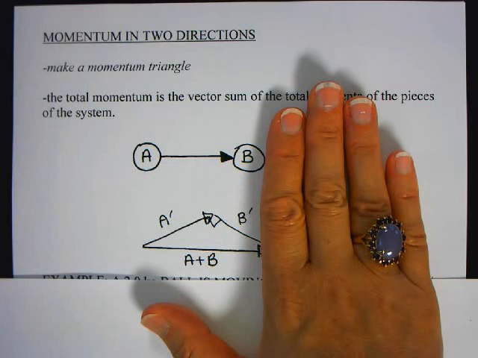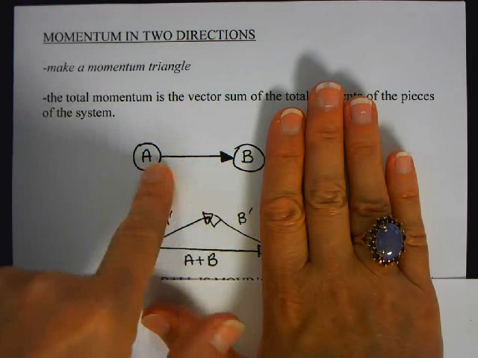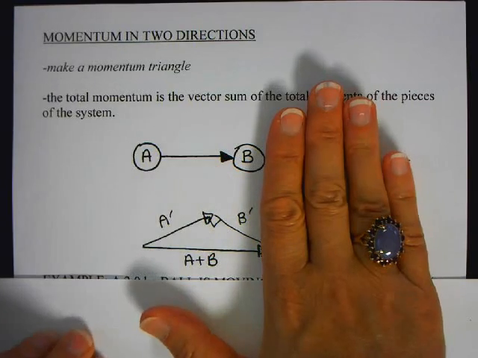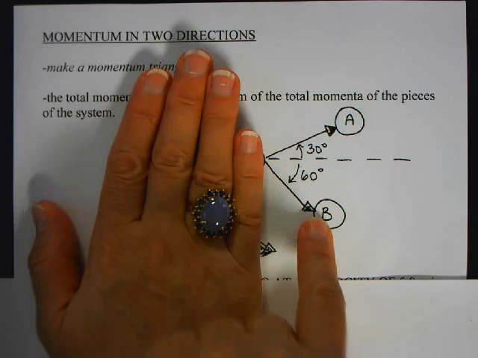Now, when I measure momentum, because I have these angles in here, I have to have a frame of reference for my direction. You know how usually whenever we do problems, we use our standard Cartesian sign convention that up and to the right is positive? What we're going to use for our frame of reference in these problems is the original direction of ball A. So here, this represents after collision.